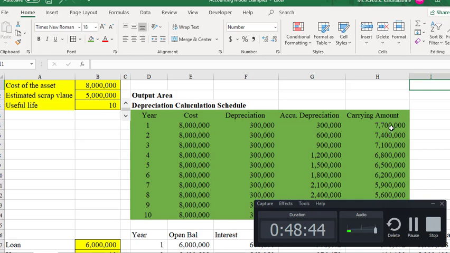So accordingly, at the end of each year's reporting date, you can see the carrying amount appears in this last column. This is the way I conceptualized the need of this accounting information requirement, and I developed accordingly, right?